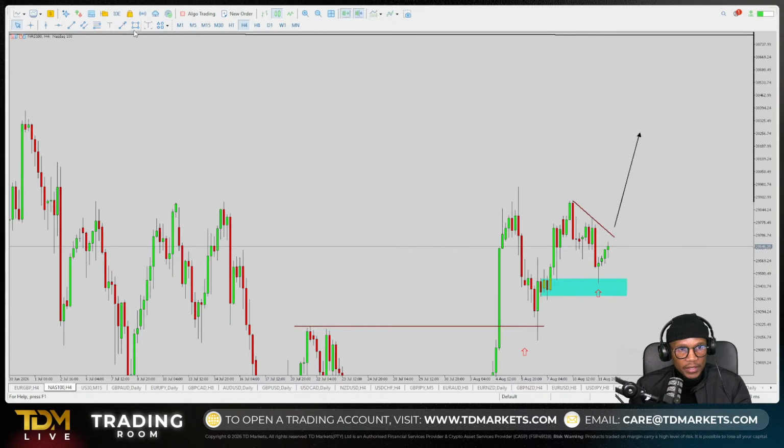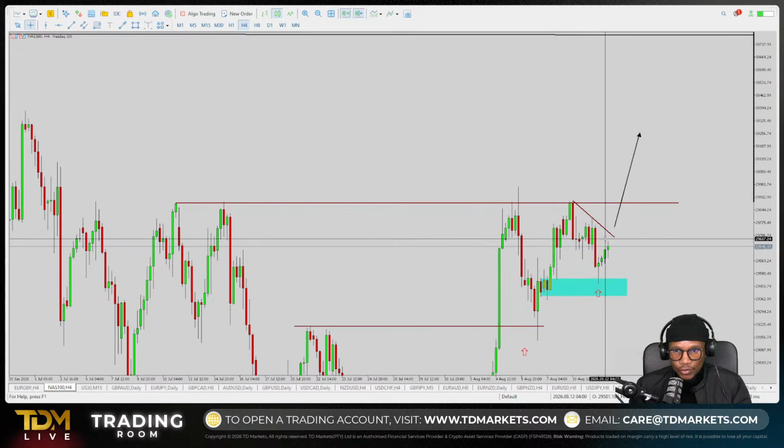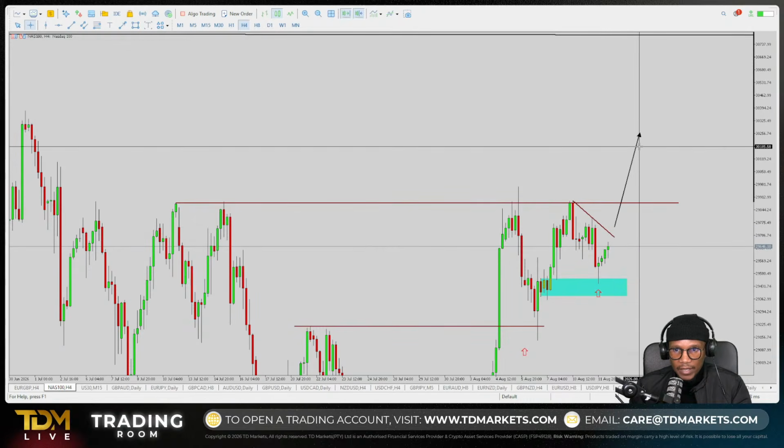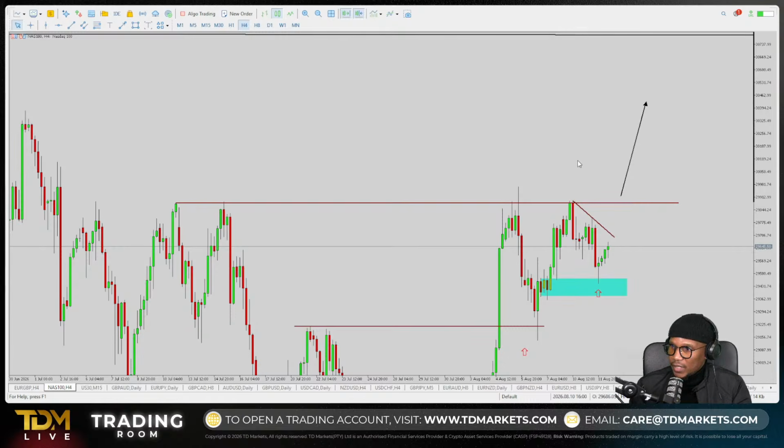We also need the break of this structure, just to be sure. So we could get the break of the counter trend line, price push up, and it also needs to break this for more momentum towards the upside.